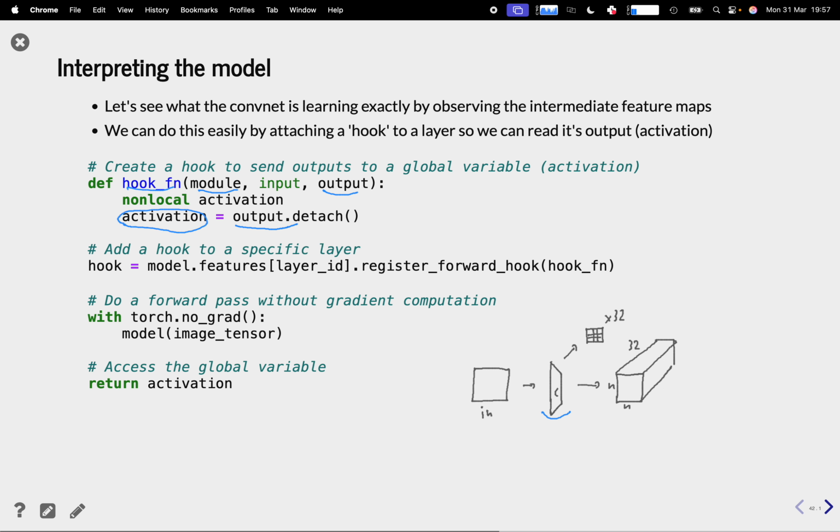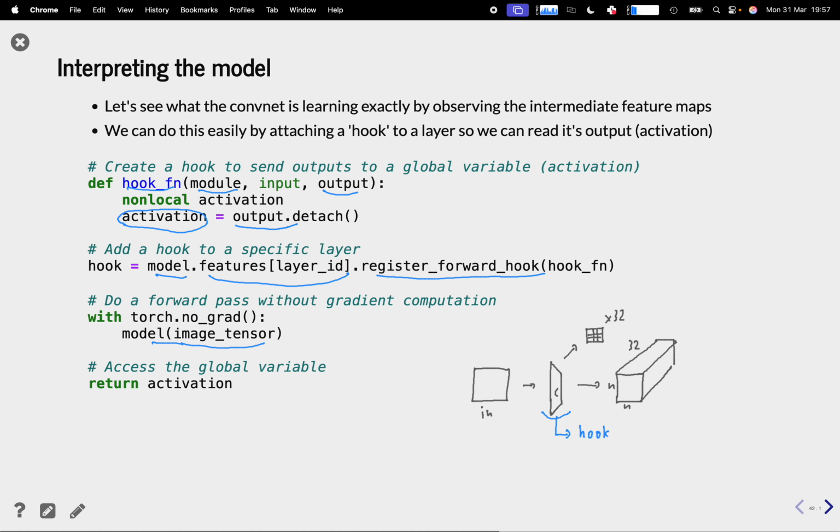First of all, we're going to take a model, we're going to take a particular layer in that model. Since this is a ResNet, the parts of the convolutional part are called features, and we're going to choose a particular layer in that array of features, and then we're going to register the hook to that one. So here we're going to attach the hook to that convolutional layer function, and when we then take a particular input image, we're going to pass that through the model.